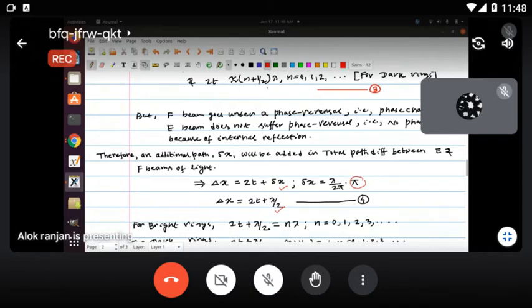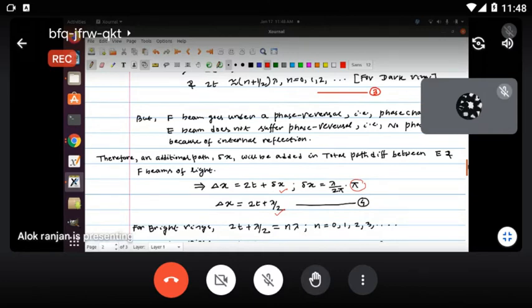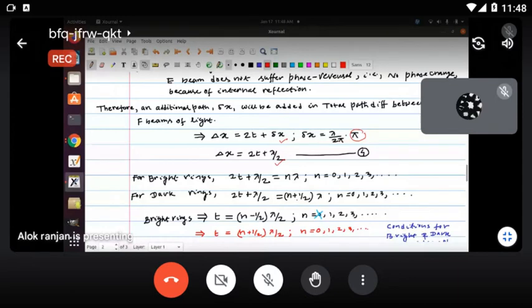So rather than saying 2t equal to nλ or 2t equal to (n plus half)λ, what we can say, due to the phase reversal, is 2t plus λ/2 equal to nλ for a bright ring, and 2t plus λ/2 equal to (n plus half)λ for a dark ring.